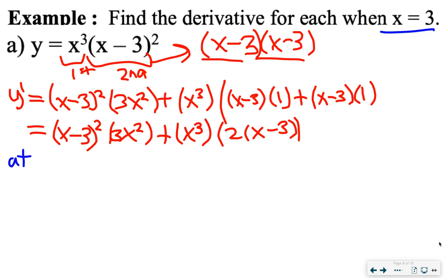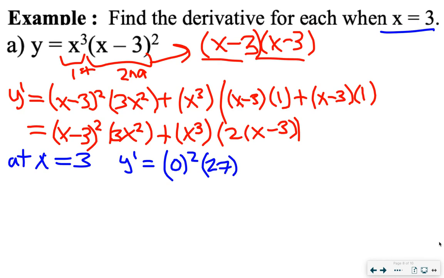to 3. So at x equal to 3, my y prime would now be, what do we got? 3 minus 3 squared, 0 squared, multiplied by 3 times 3 squared, plus 3 squared, 27, times 2, 0.